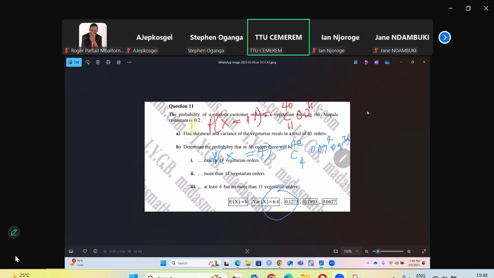Probability of not ordering vegetarian is 0.8.